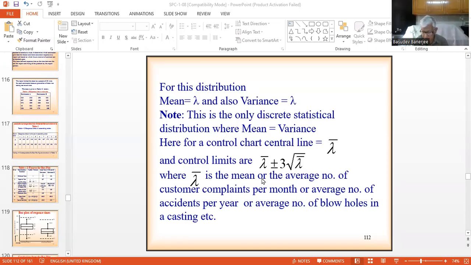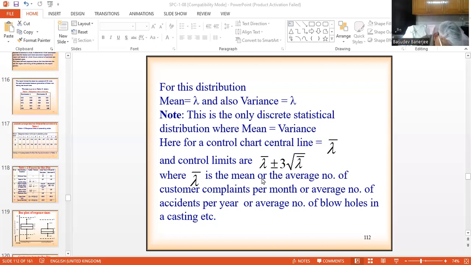What does it mean? 68.26% of the observations will lie within plus or minus 1 sigma for a normal distribution. Just to conceptualize, suppose the average height of adult males in India is 5 feet 6 inches, and the standard deviation is 2 inches. Adding 1 standard deviation gives 5 feet 8 inches, and subtracting gives 5 feet 4 inches.